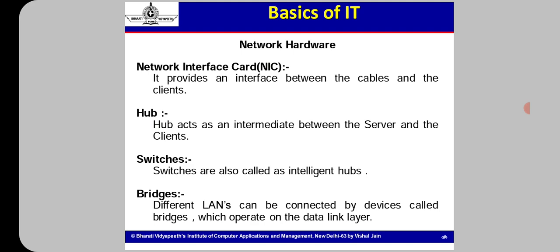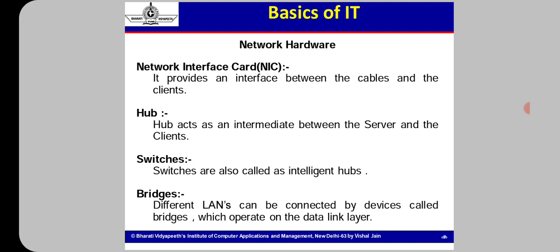The first one is the network interface card, or NIC. It provides an interface between the cables and the clients. What is a network card? It is a mediator, an interface between the network cables and the clients or systems. Second is the hub. What is a hub? A hub acts as an intermediate between the server and the clients.